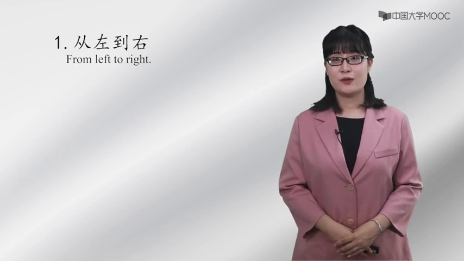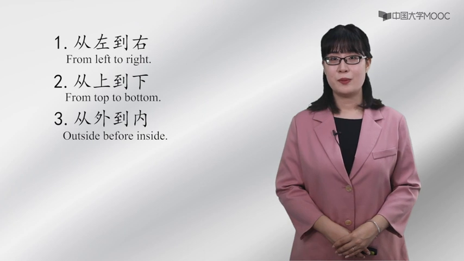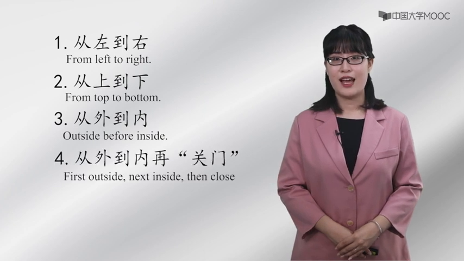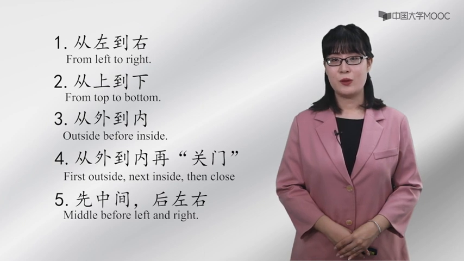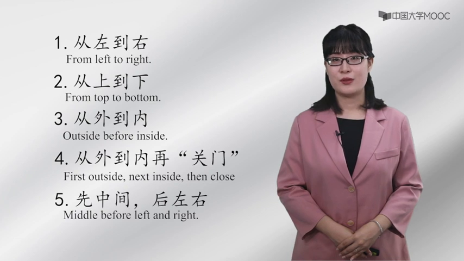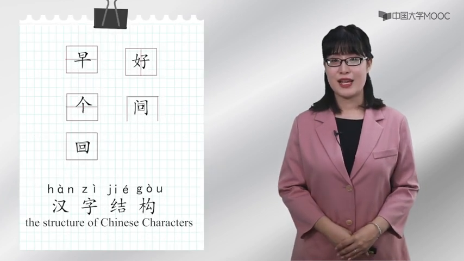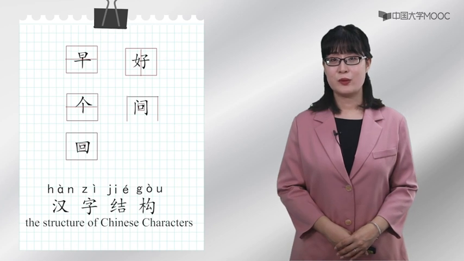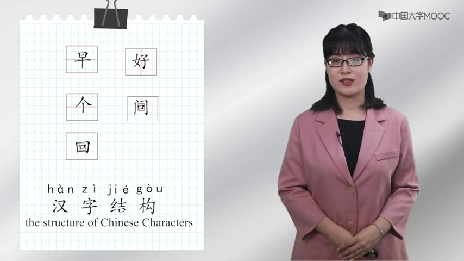There are a lot of Chinese characters that are made of two components. The rules for the sequence of the two components are the same as those for the strokes. And today we are going to learn the most basic structures of these compound characters.